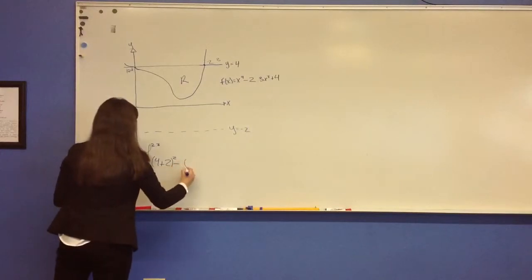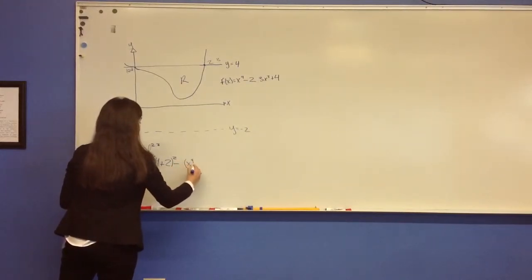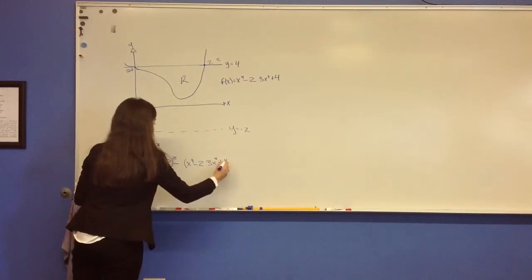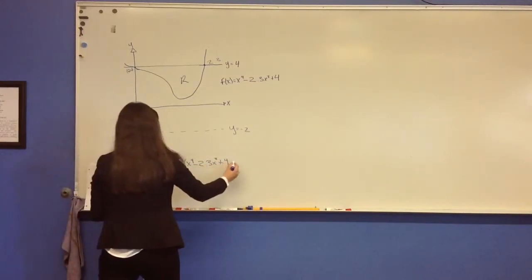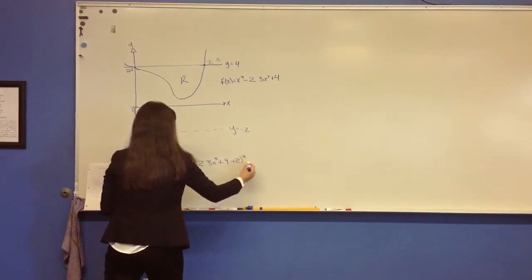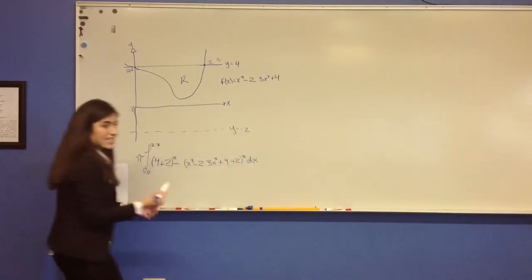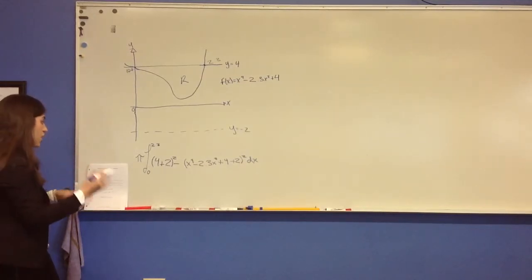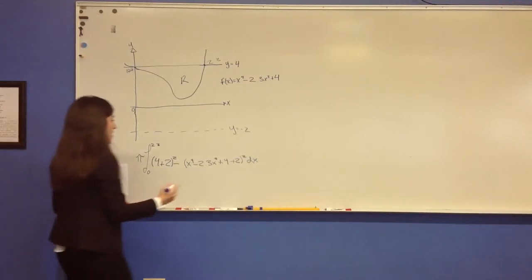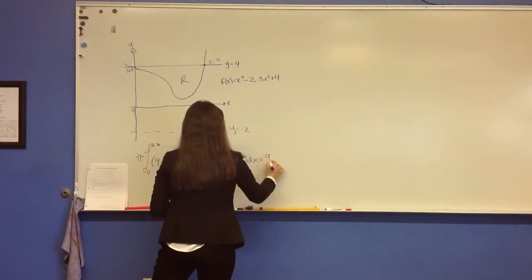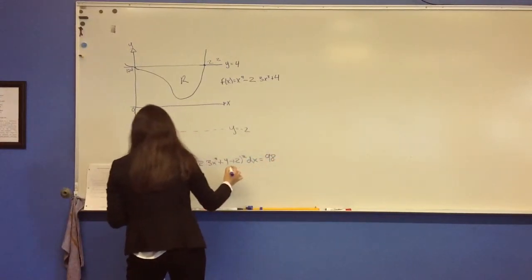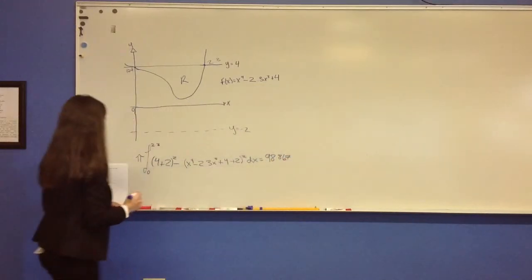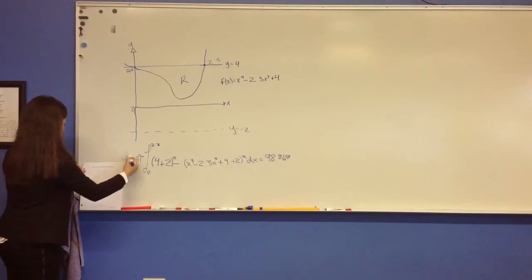And then you have to subtract (x to the 4th minus 2.3x cubed plus 4) and then you have to add 2 to that as well, squared, dx. Because this is a calculator problem and they didn't explicitly say show each step and do all your work, you can just plug it in from there. And when you round, you should get 98.867. So that's going to be your answer for part A.